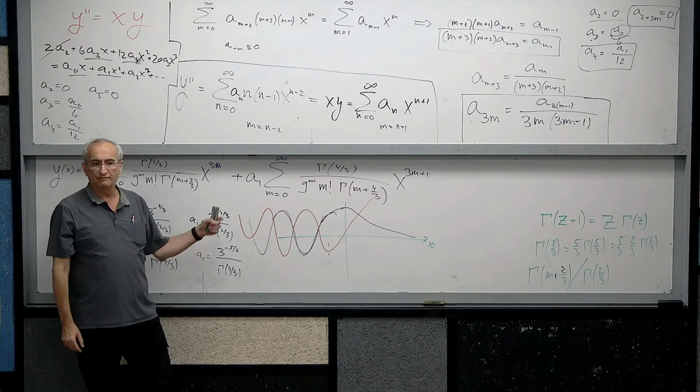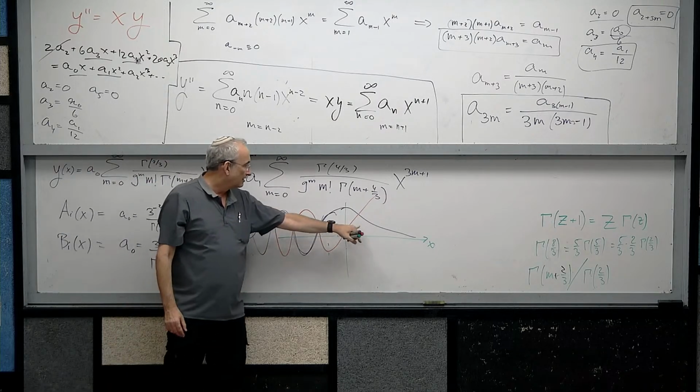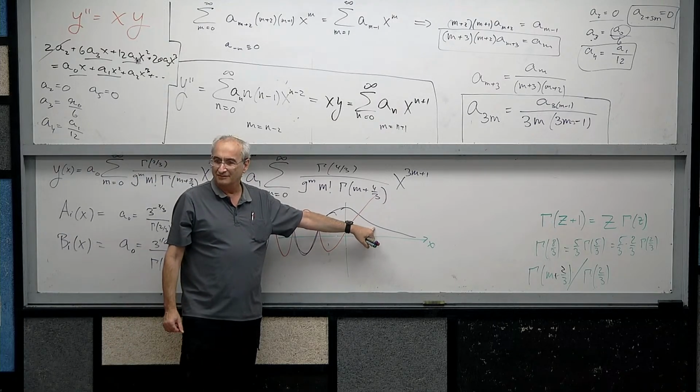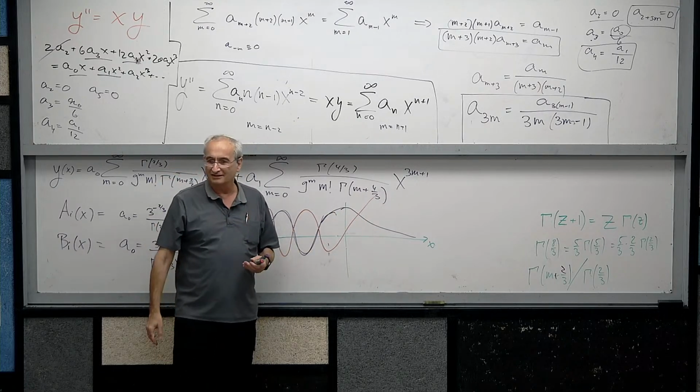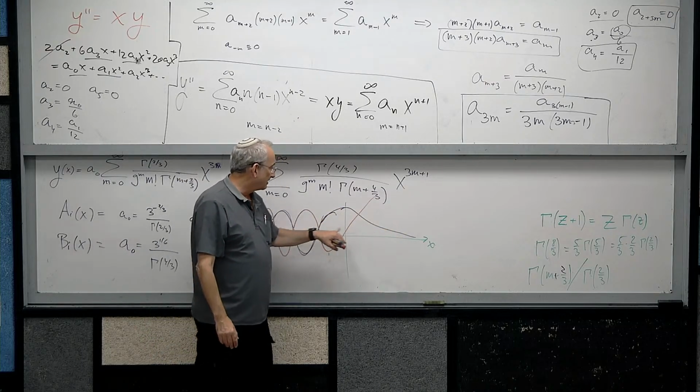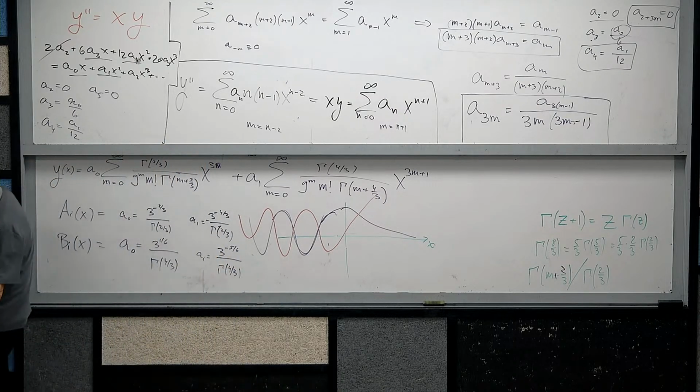So when you have boundary conditions at infinity, if you want to solve the Schrödinger equation, then you take the Airy and not the Bailey, right? It's like the growing and decaying exponential. But this is only in the positive x region. In the negative x region, they are oscillating, and I have to put the threat already on the table that we are going to use Airy and Bailey a lot during this semester.